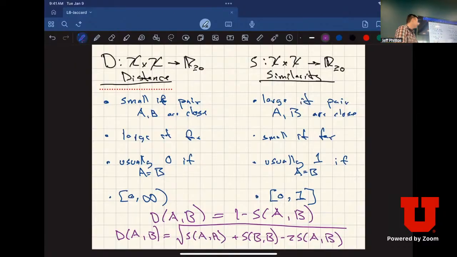So then the distance can only be between 0 and 1 again. If I remove the scale quantity of the individual items, then I often get my similarity in this range. Okay, so there are different ways you can think about this trade-off, and depending on your definitions, you may want to use either one of these.